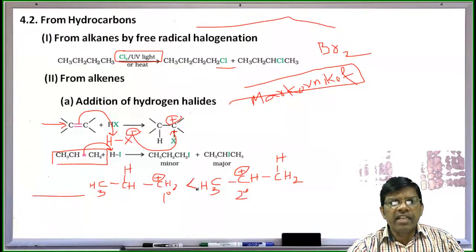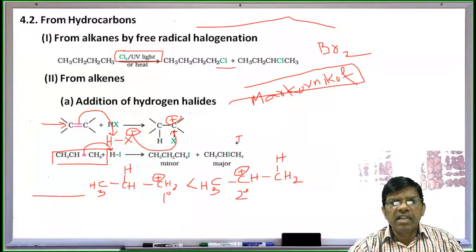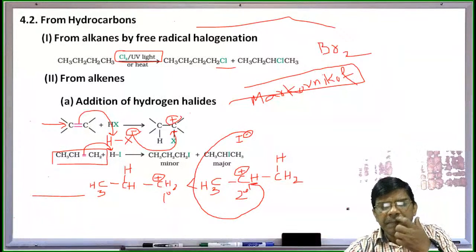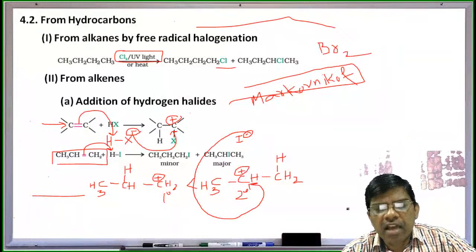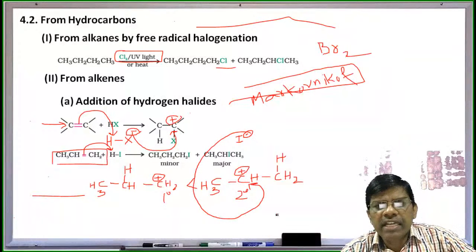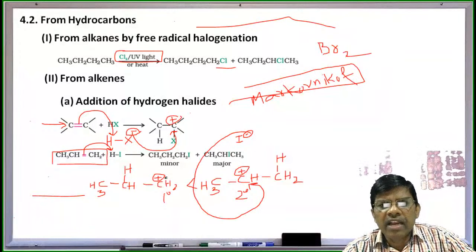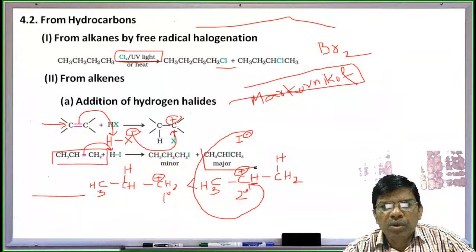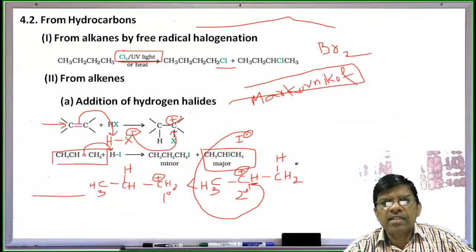Secondary carbocation is more stable. Now the iodide, I minus, which is there in the reaction mixture, will add to the carbon which is there as major. Since secondary carbocation is more stable, it is formed major. So iodide will attack this secondary carbocation to give 2-iodopropane as a major product.